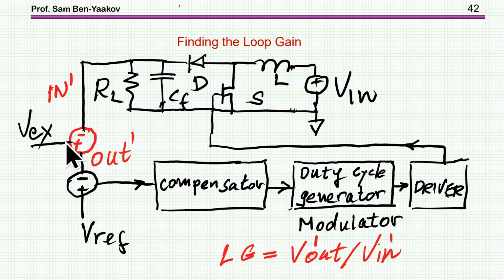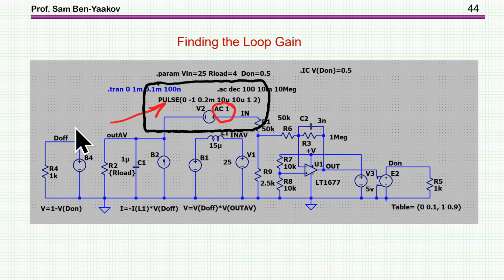So this will be another excitation. And obviously, if I'm generating this, then the ratio between out prime and in prime is the loop gain. In the case of simulation, this can be done by adding an AC source in series, okay? And if I look here, this is exactly what I did.